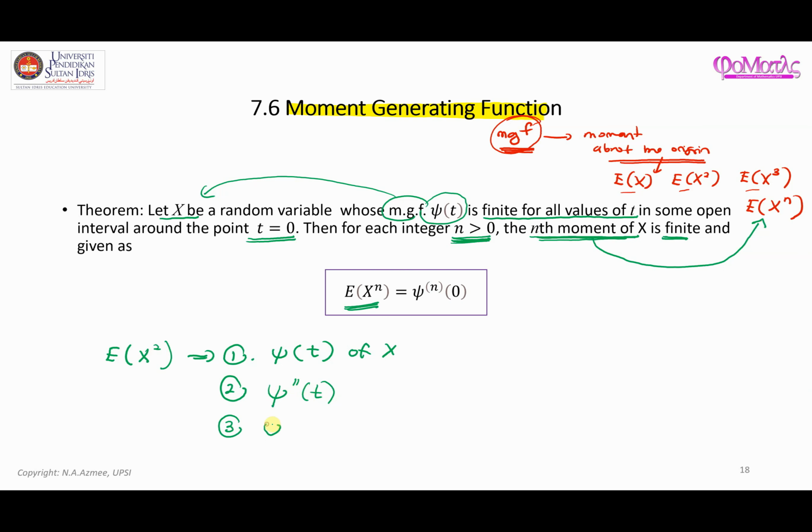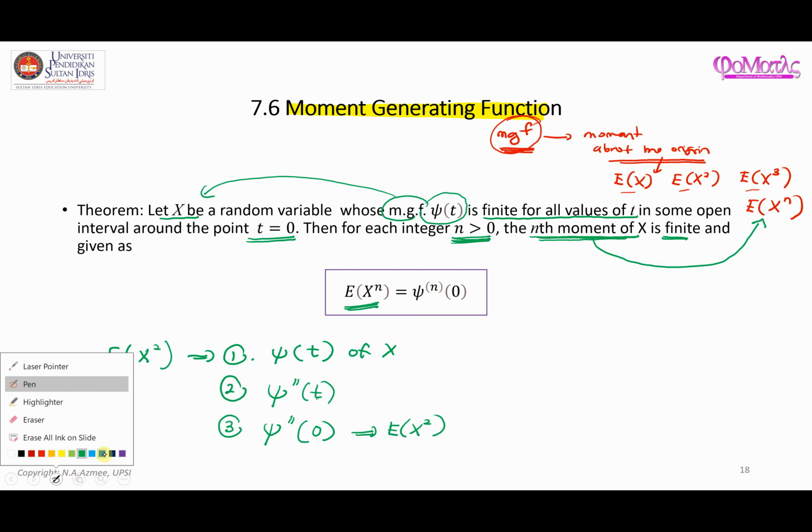The third step is, once you get the result, you substitute t equals 0, and this is the result of E[X squared].